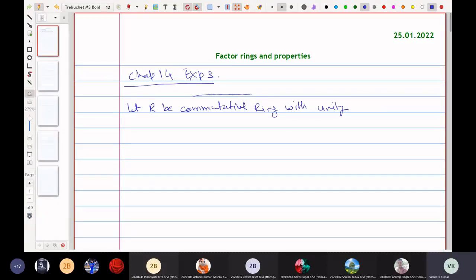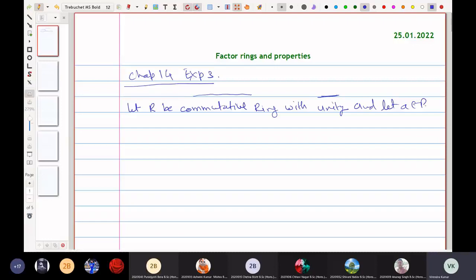But here, in the case of the principal ideal, we need to consider R a commutative ring with unity.